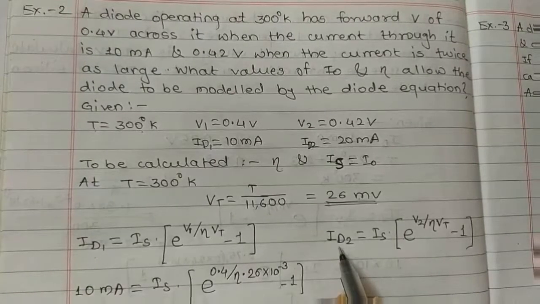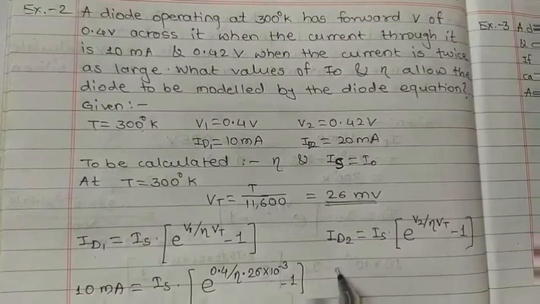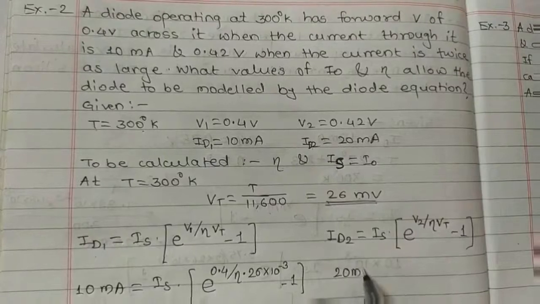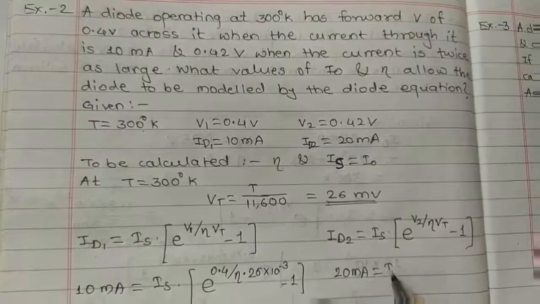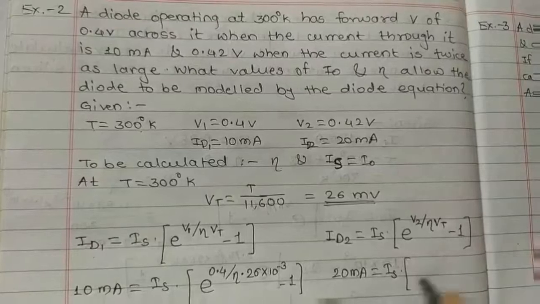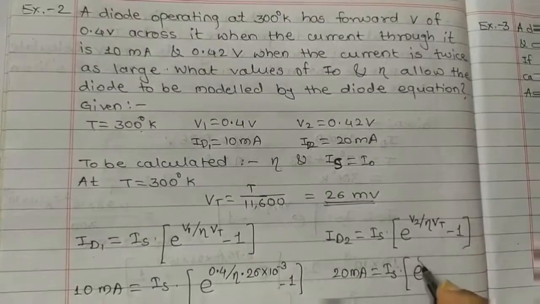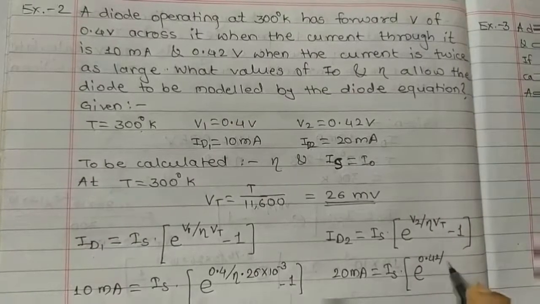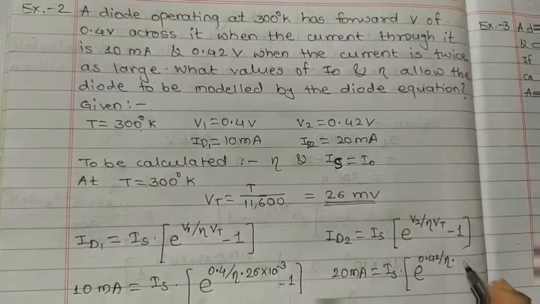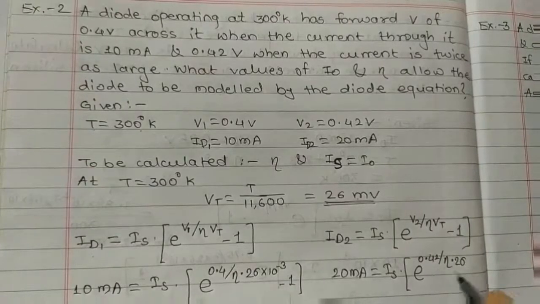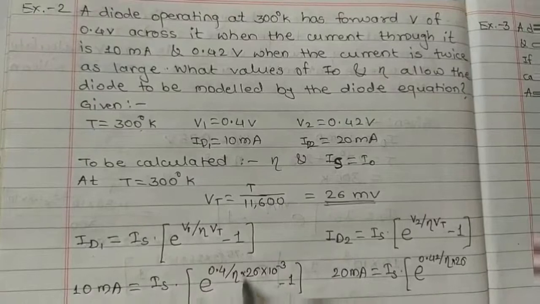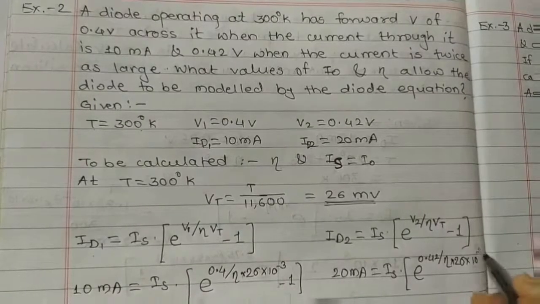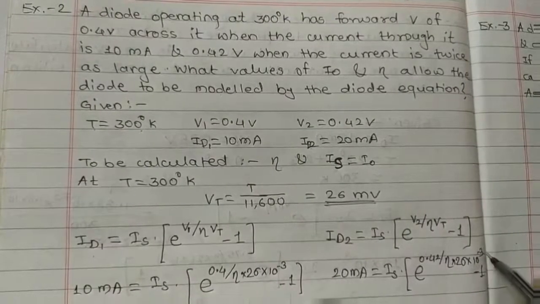Similarly, for ID2, it is 20 milliampere, which is equal to Is into e raised to 0.42 divided by eta into 26 into 10 raised to minus 3, minus 1.